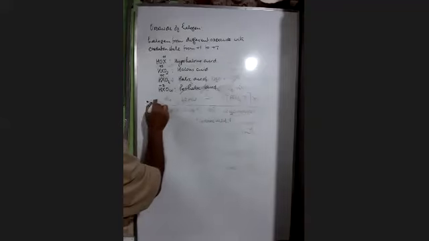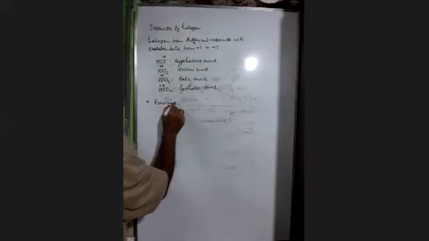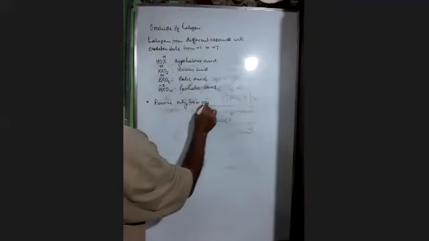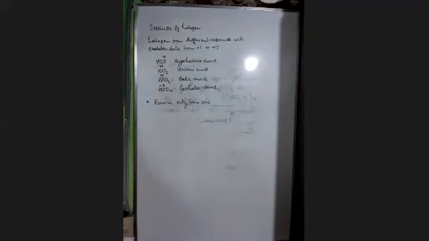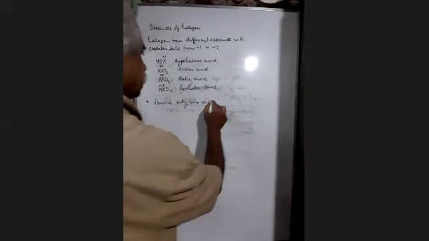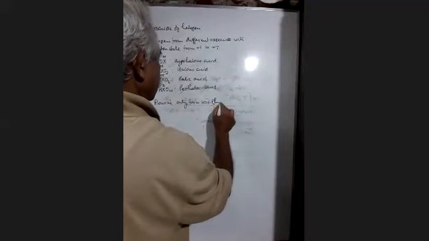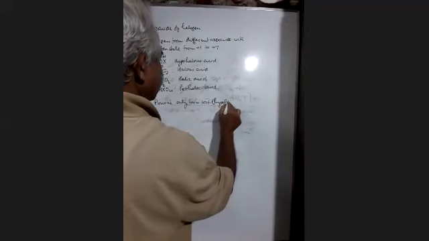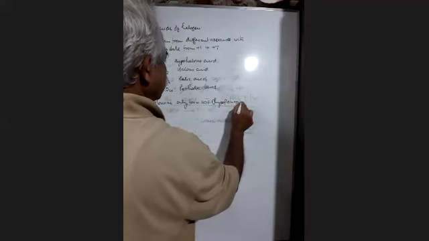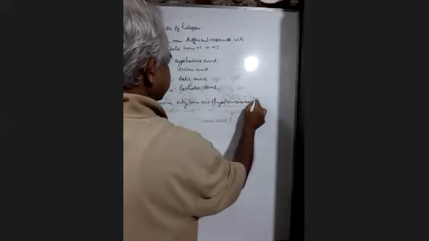We'll write here fluorine. Fluorine only forms HOF, which means hypofluorous acid. This is for your entrance.